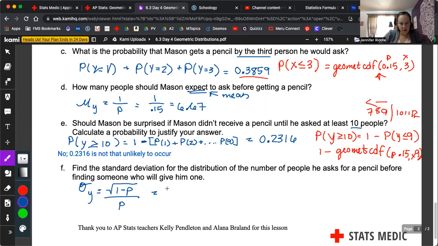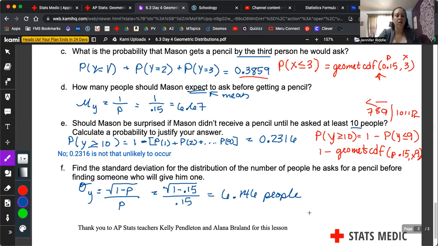So I have the square root of 1 minus 0.15, then divided by 0.15. And we get a standard deviation of 6.146 people.